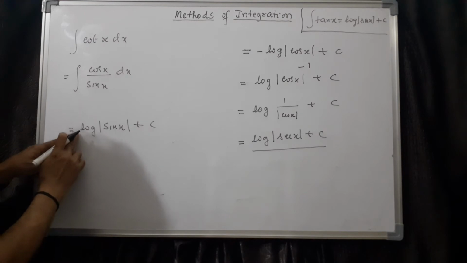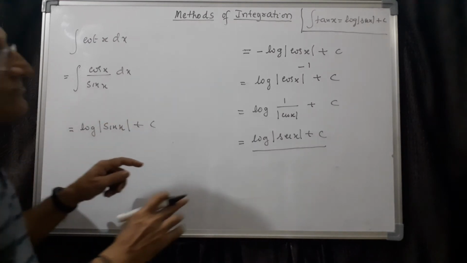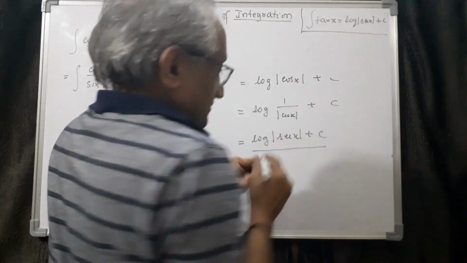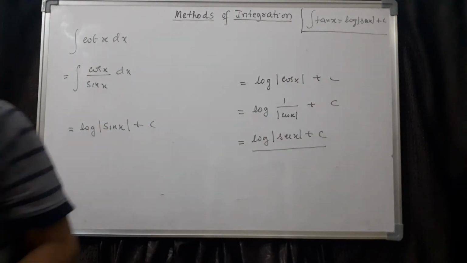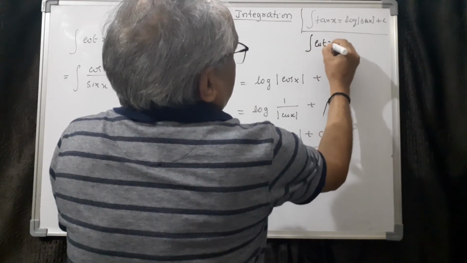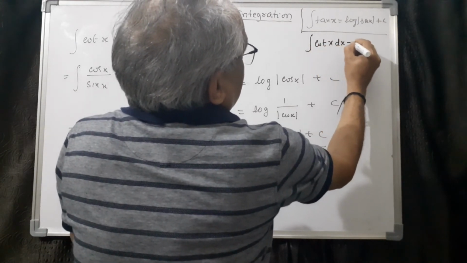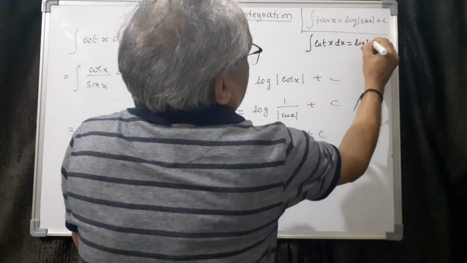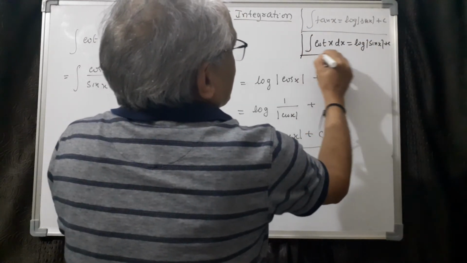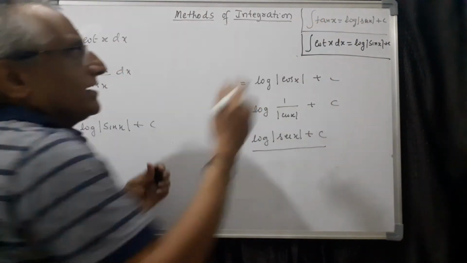Here there is no minus sign, therefore it will not come down. Therefore the formula for cot is: the integration of cot x dx will be equal to log of mod sin x. Of course you have to add plus c. In the formula there is no need actually, but remember to add it later also.